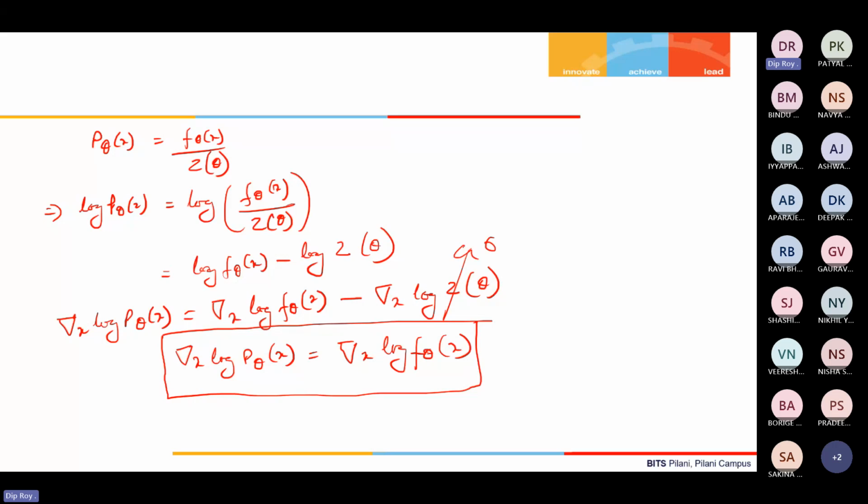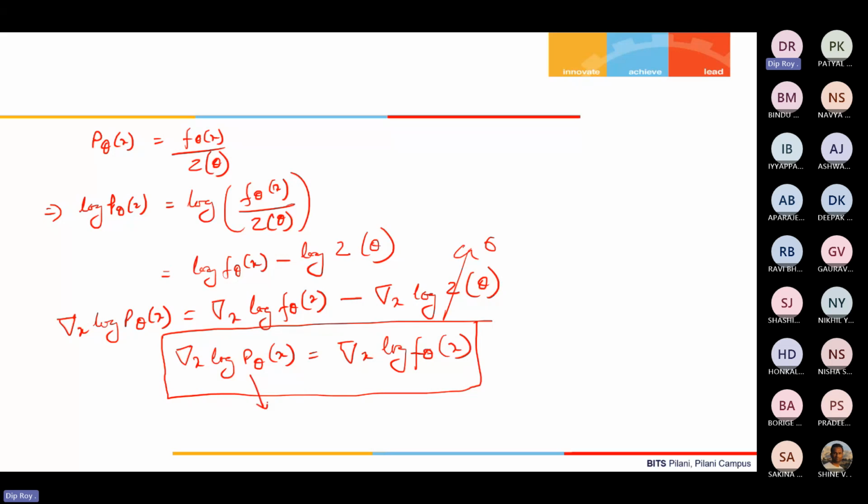Which means that if we are able to somehow take the gradient of the log of the entire unnormalized density, not just the energy function, it is going to be similar to the actual probability distribution.